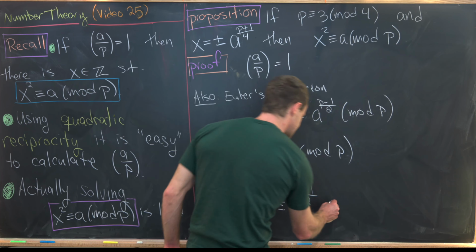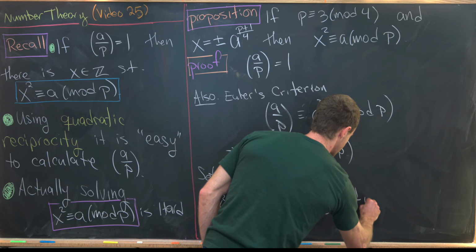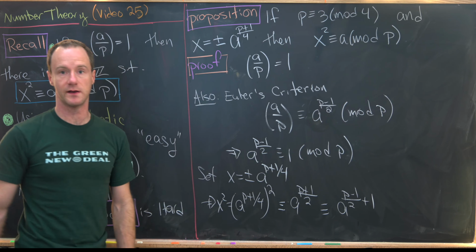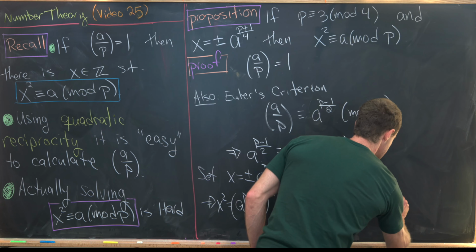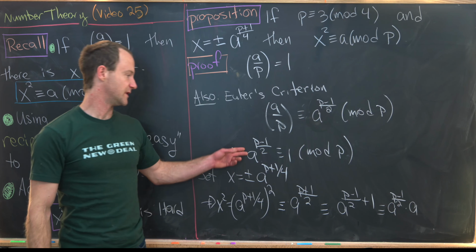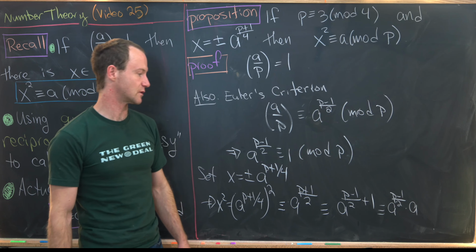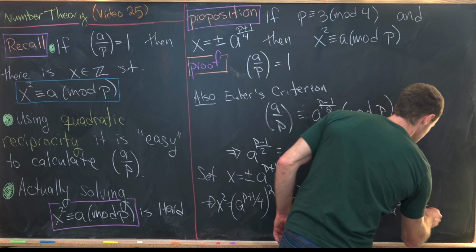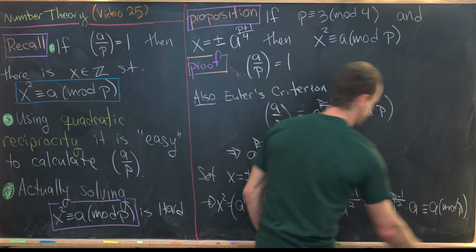But then let's notice that a to the (p plus 1) over 2 is a to the (p minus 1) over 2, plus 1. Separating that out, that is a to the (p minus 1) over 2 times a. But by what we just argued, a to the (p minus 1) over 2 is congruent to 1 mod p, which means this whole thing is congruent to a mod p.